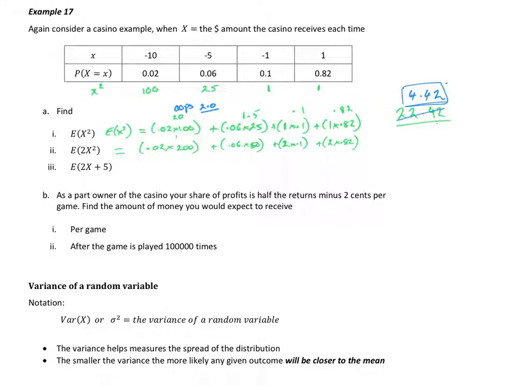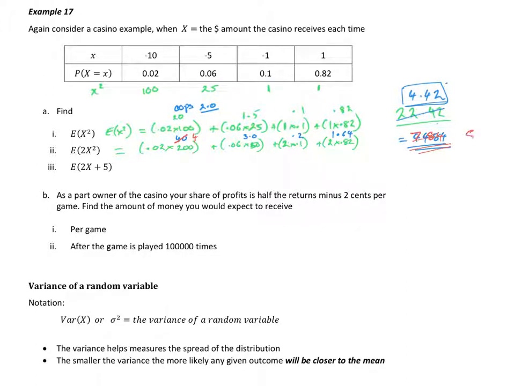Not surprisingly, it's just twice as big, isn't it? That's 4, 3.0, 0.2, 1.64, so it's twice the amount, 44.84.